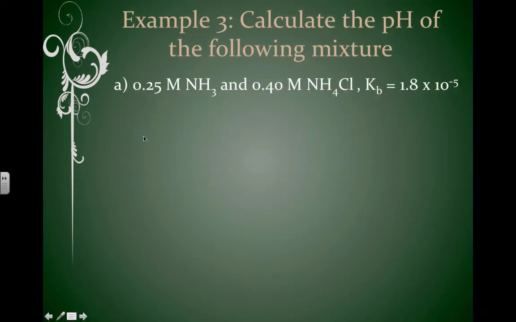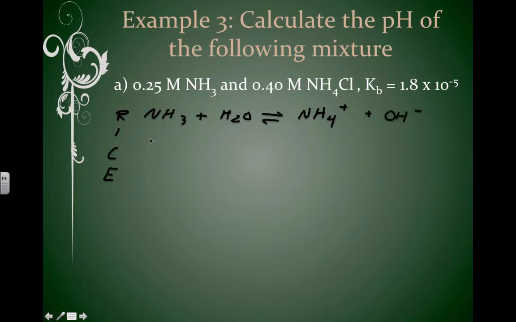So we'll calculate the pH of our system that has ammonia and ammonium in it, the weak base and its conjugate acid. So first we start with our reaction. So NH3 in water reacts, and we get ammonium ions and hydroxide ions.